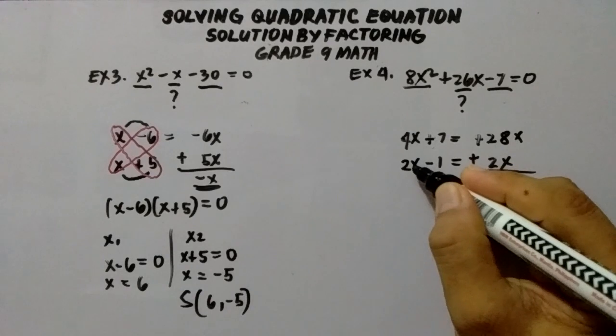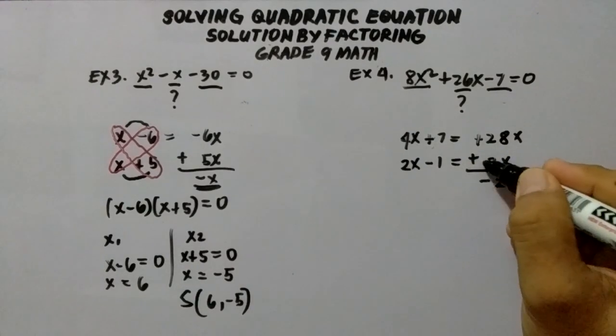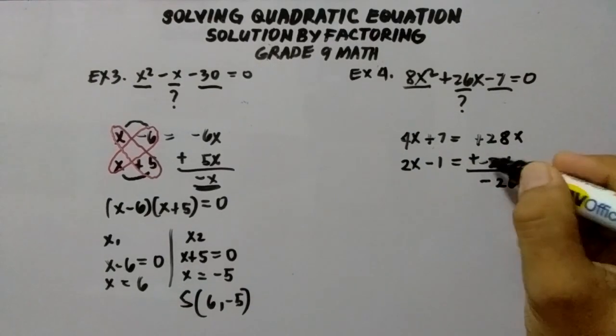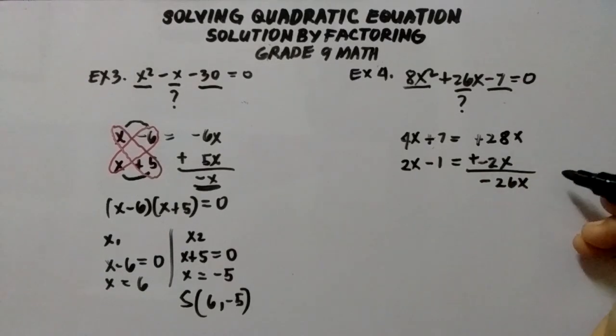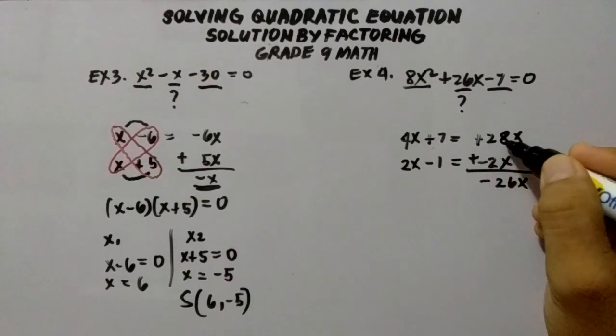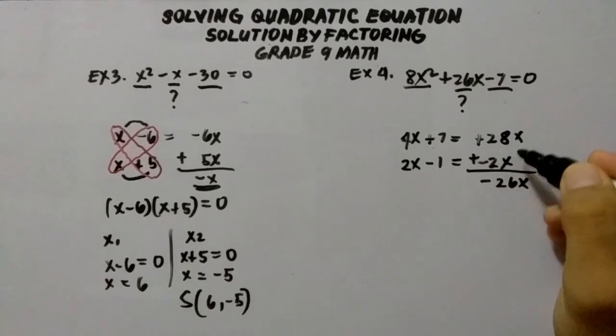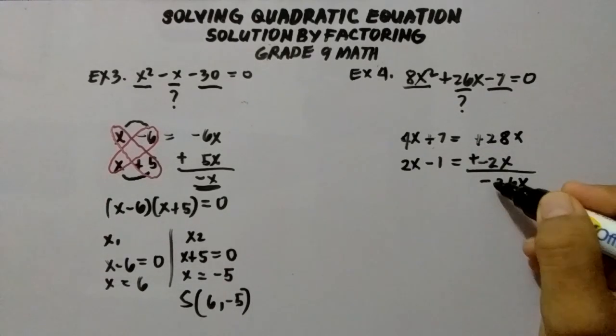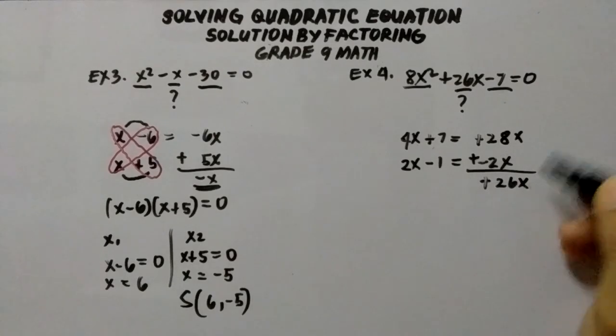No? Then, 2x times negative 1. So we have negative 2x. Okay? Then let's add again. Positive 28 minus 2x. So we have positive 26 na po, no?